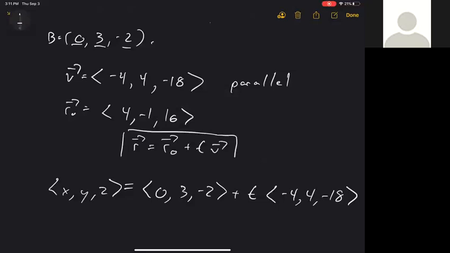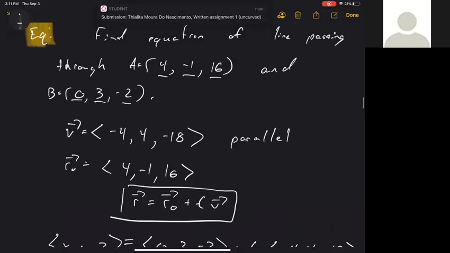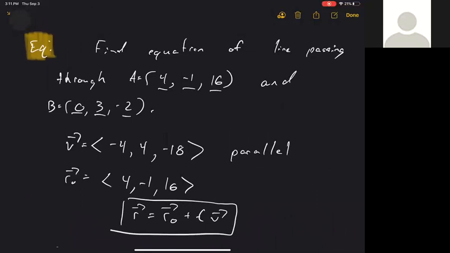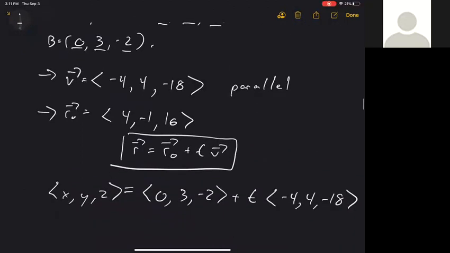You could use that as your final answer, box that up. But you still need to have written the vector by components somewhere.